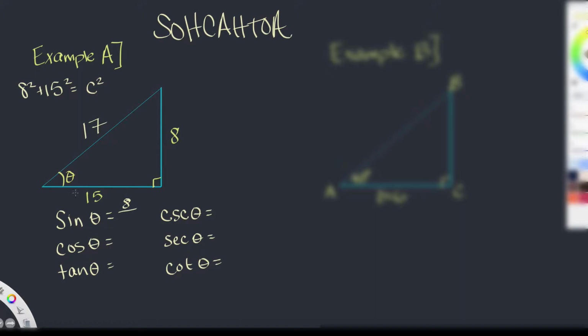So the sine of theta, opposite to hypotenuse, is 8 over 17. The cosine of theta is adjacent to hypotenuse, so adjacent to this angle is the side lying right next to it, 15 over 17. Tangent of theta is opposite over adjacent, so that's 8 over 15.